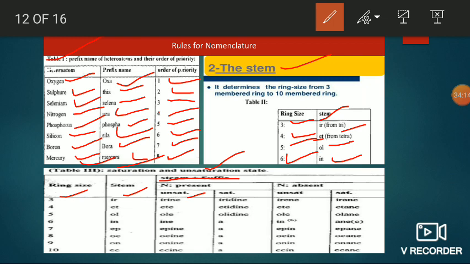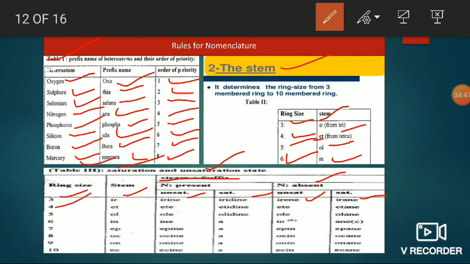If the compound contains a nitrogen atom and it is saturated, then stem plus suffix becomes "iridine". If the heterocycle is a 3-membered ring and it doesn't have any nitrogen atom, then in the case of unsaturation it is "irene". If it is saturated, we should name it as "irane", that is stem plus suffix.